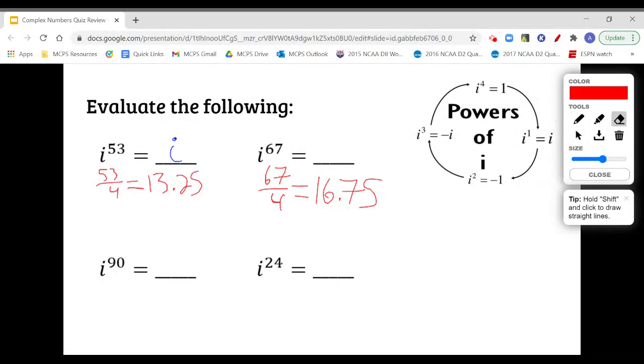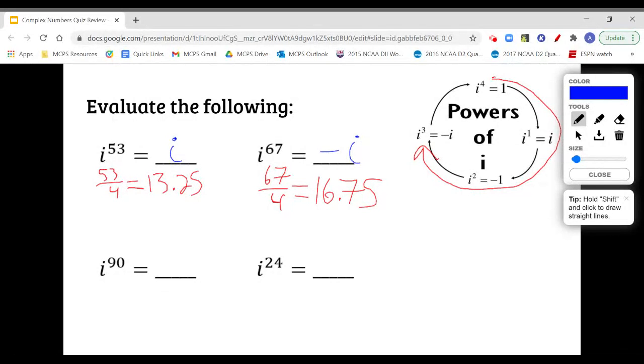And what that indicates to me is that I went 16 full times around the cycle. But then again, starting at the beginning, which is the top, I have to go another 75% around the circle, right? 0.75 is 3/4. So I have to go 3/4 around the circle. And that tells me that i to the 67th is equivalent to i to the 3rd, which in other words is negative i.